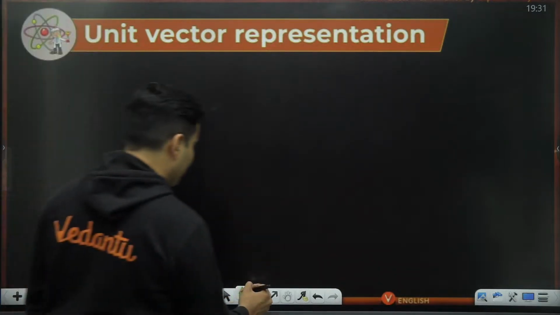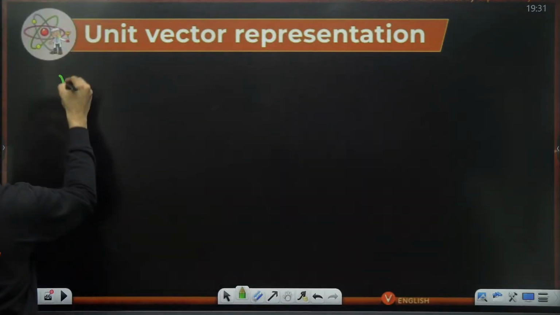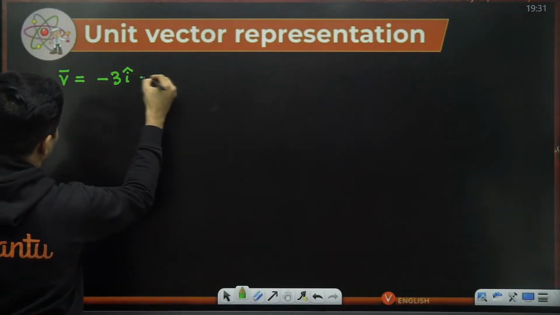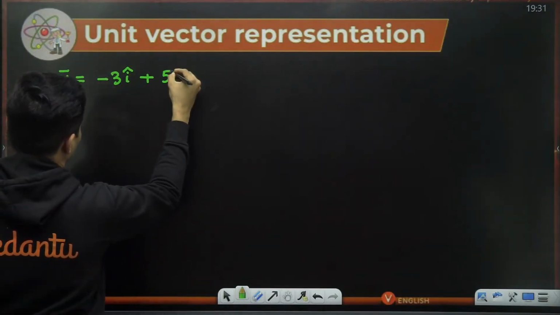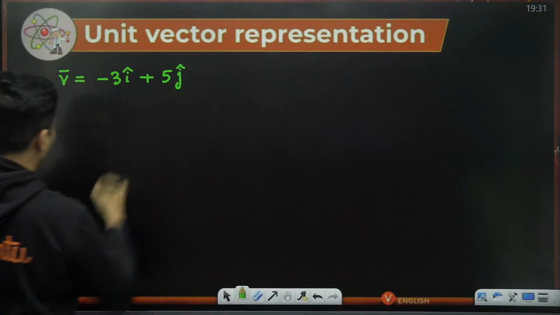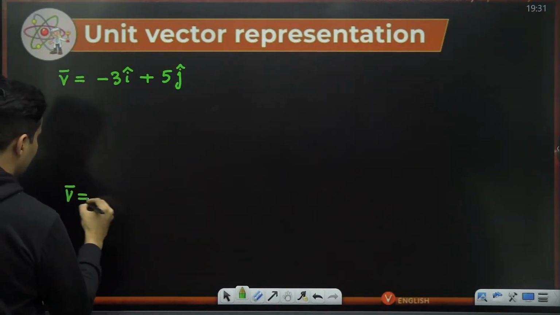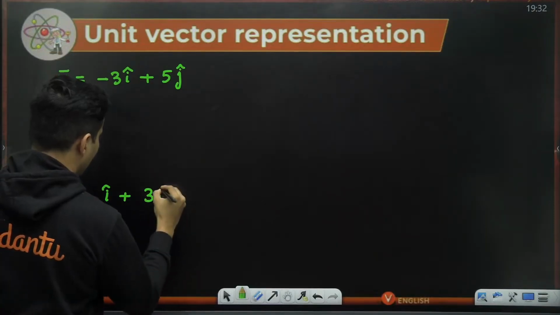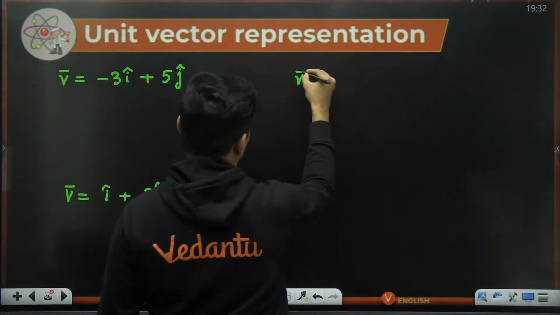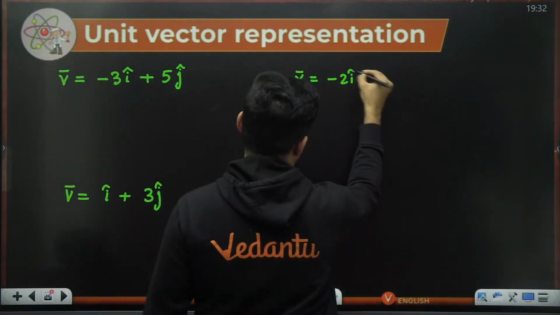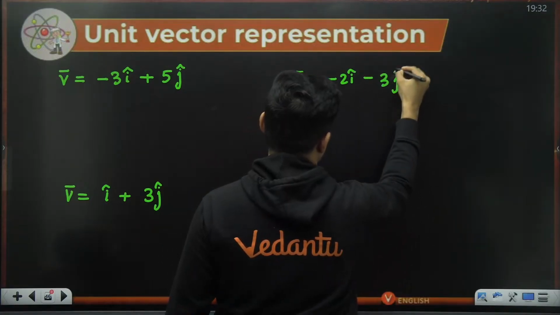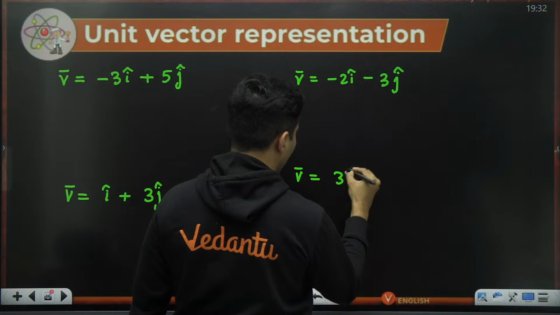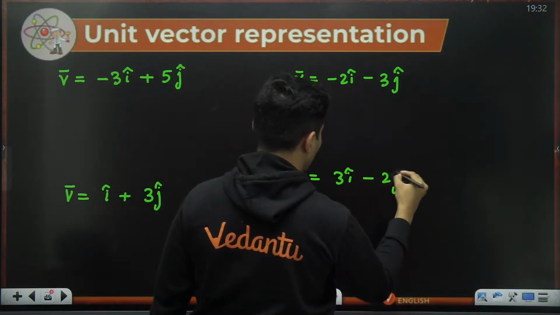So tell me one thing. If I give you a vector like this, minus 3 I cap plus 5 J cap, or a vector like this, I cap plus 3 J cap, or a vector like this, minus 2I minus 3J, or a vector like this, 3I cap minus 2J cap.